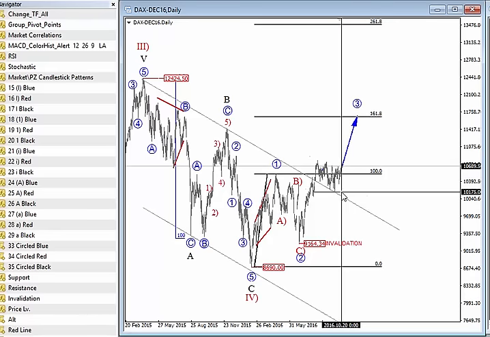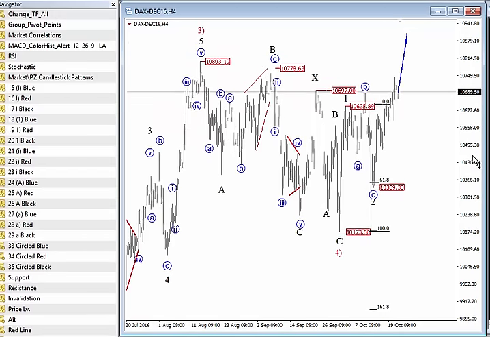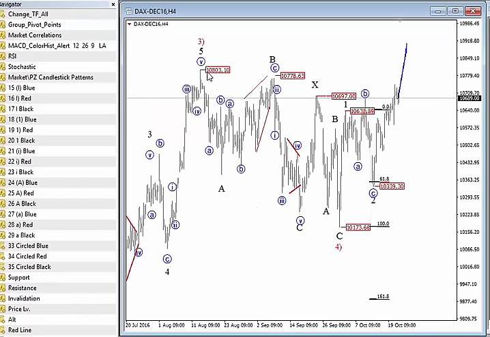So far we can see a nice push to the upside of more than 500 points. I'm expecting definitely more upside here, because I think this consolidation can be finished here in a wave 4. It was ABC, then wave X, and another ABC down, then you have a flat for wave 2.